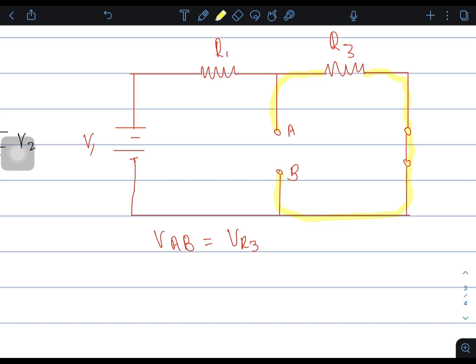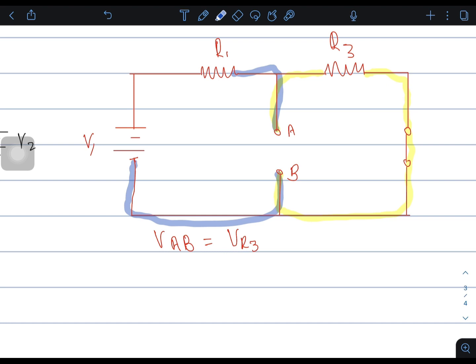We cannot say that terminal A and B is connected across resistor R1. Why? Because, fine, terminal A is connected to one side of resistor R1, but with terminal B there is a battery, there is another component, the source, which means that it is not actually connected across.